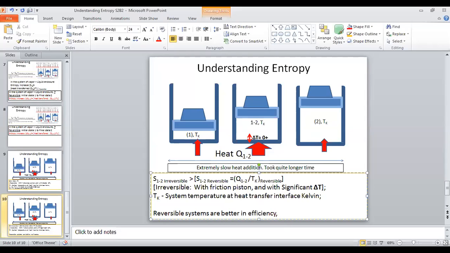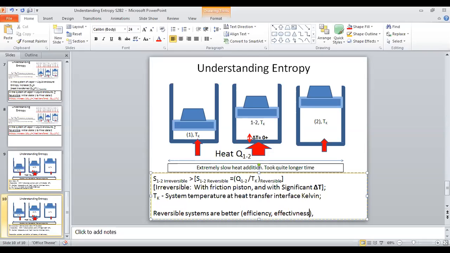Reversible systems are much better than irreversible systems. So let me say this is better, within bracket I will put the efficiency, the effectiveness of the process.